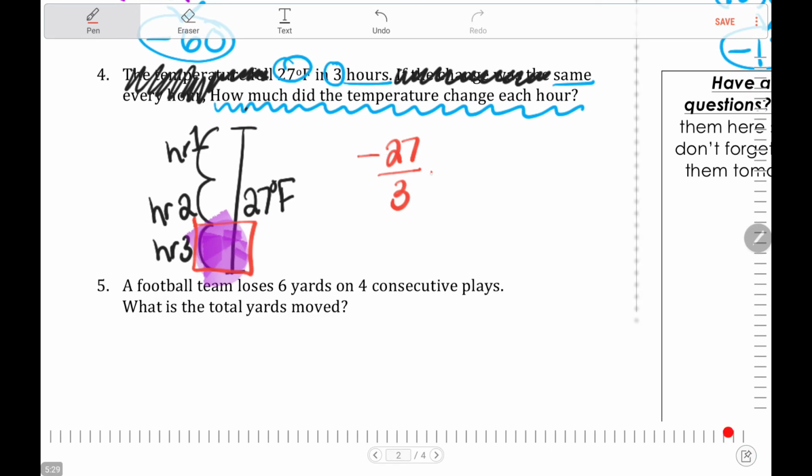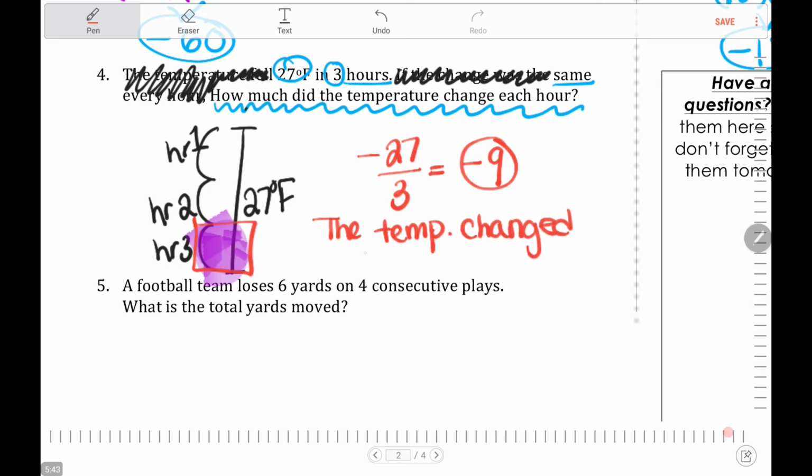So that's a negative. So our answer is -9. So the temperature changed 9 degrees each hour. Let's try the next one.